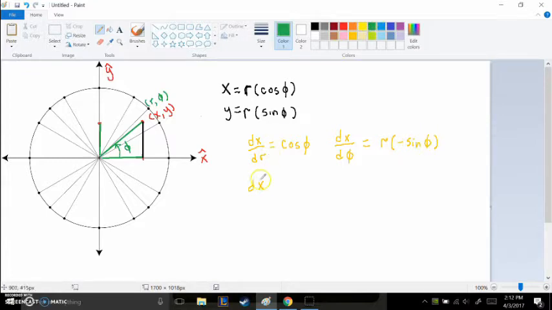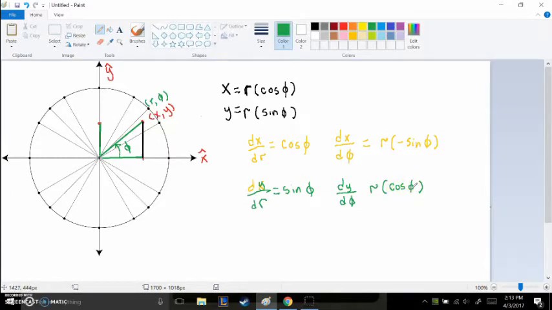Then, if we go ahead and do dy by dr, that's just going to be sine of phi for the same reason as before. And dy by d phi is going to give us r, which is the constant, times the derivative, which is cosine of phi.